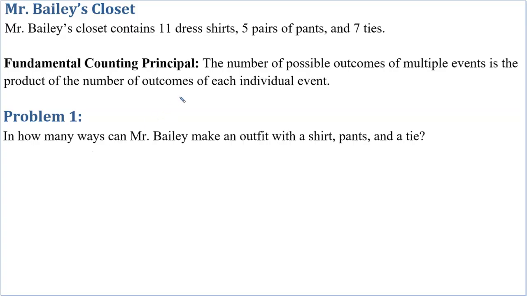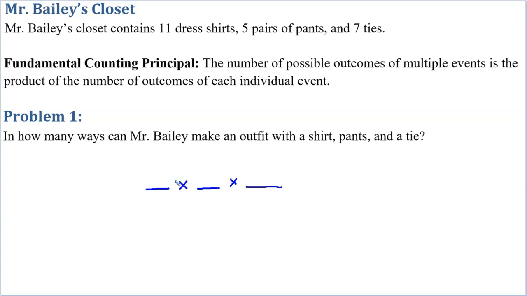For that, we're going to utilize the fundamental counting principle, which says that the number of possible outcomes of multiple events is the product of the number of outcomes of each individual event. So if we think of picking a shirt, picking a pair of pants, and picking a tie as individual events, we have 3 slots to fill: pick a shirt, pick pants, and pick a tie.